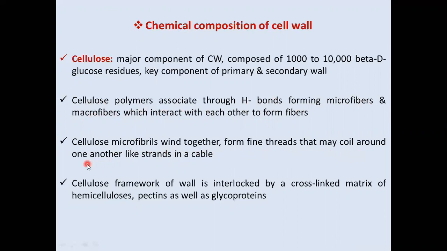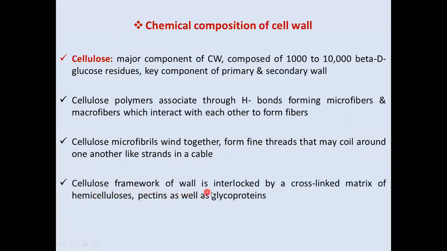They may coil around one another like strands in a cable. So microfibers wind together and form a fine thread to form macrofiber, and they wind around one another to form a coil like strands in the cable.